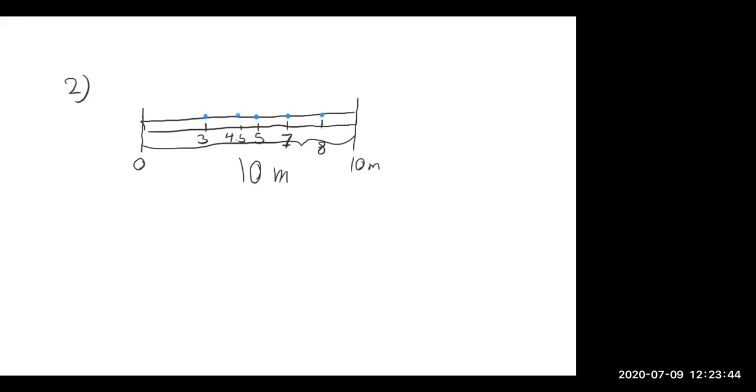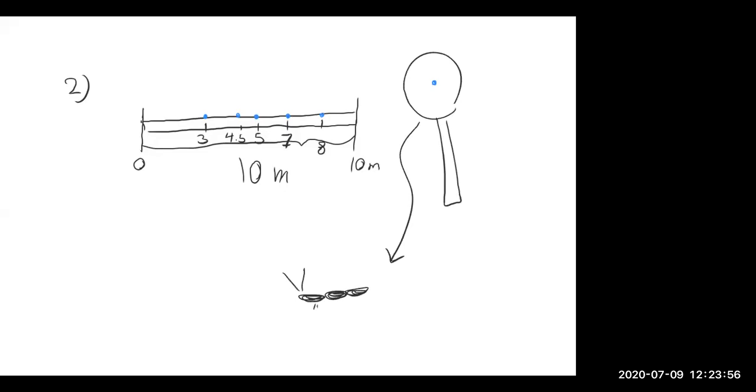So each of these blue points, if we put them under a magnifier, what we would see is something like this. That's not how an ant would look like, but something like that, okay? Not really, that's not how an ant looks like.